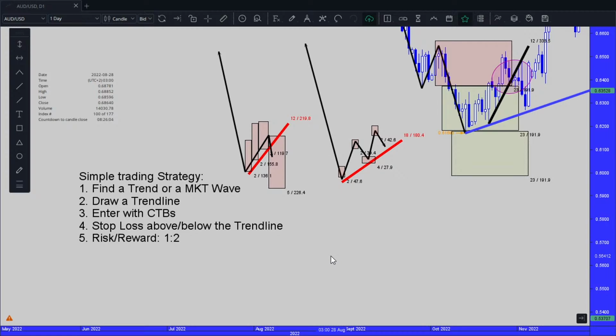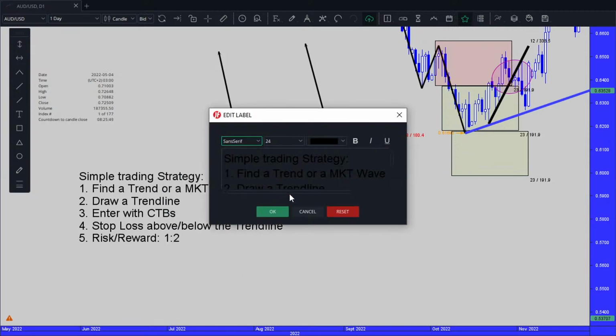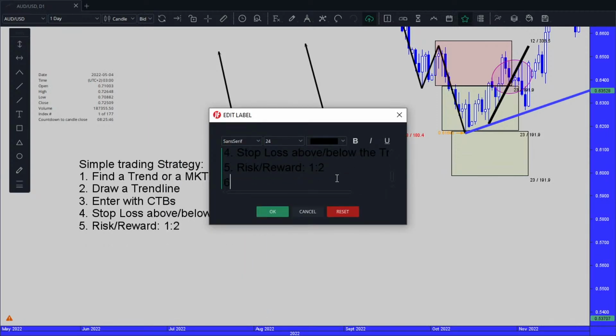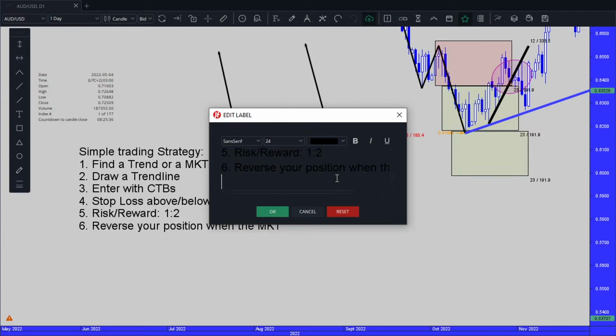Find a trend or a market wave, draw a trend line, enter with counter trend line breaks, stop loss above or below the trend line, risk reward 1 to 2, and number six, reverse your positions when the market breaks the trend line and reverses the trend.